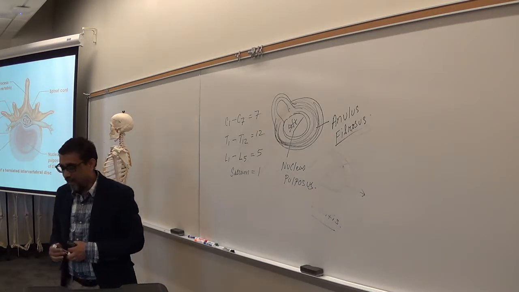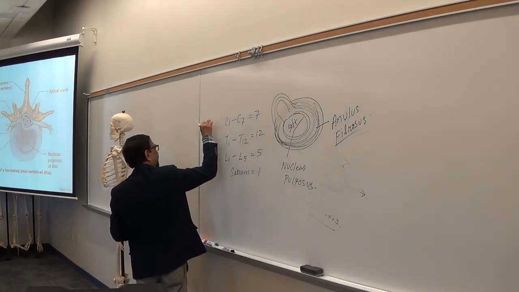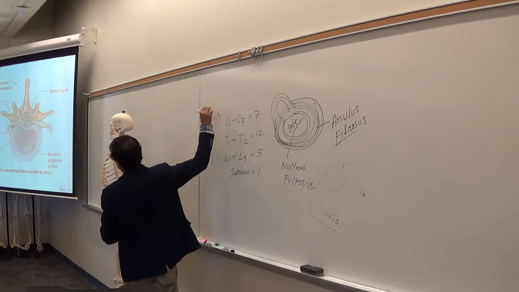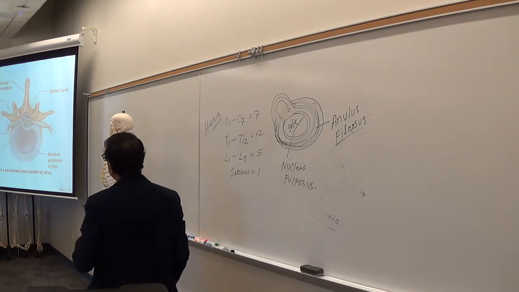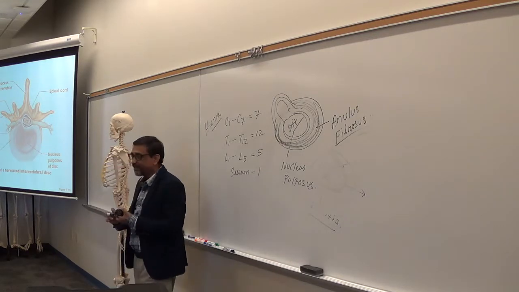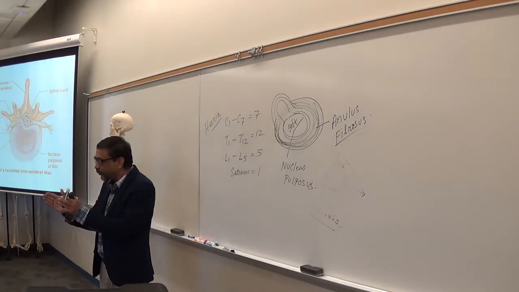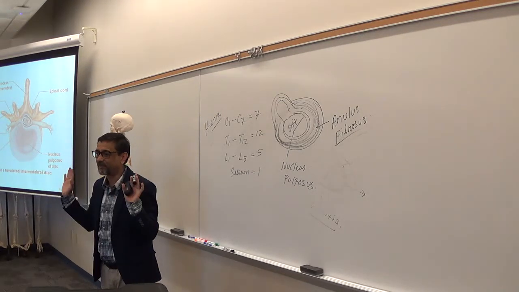Hernia, the term, I don't know if you have heard this, hernia is the condition where a part of any structure moves from its normal position to an abnormal position. That's the definition of hernia.